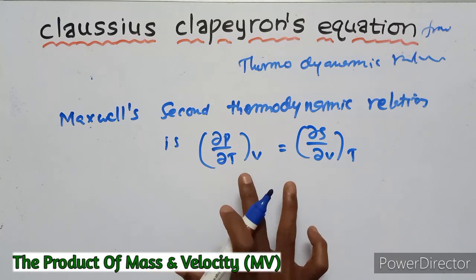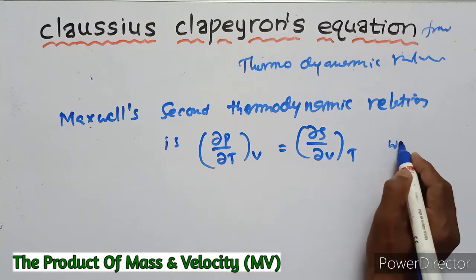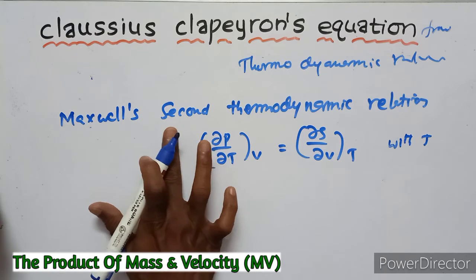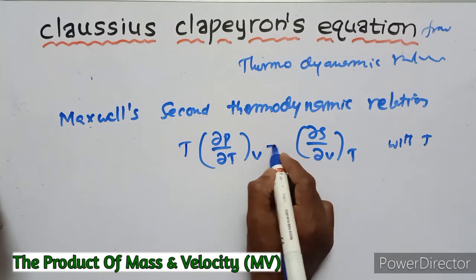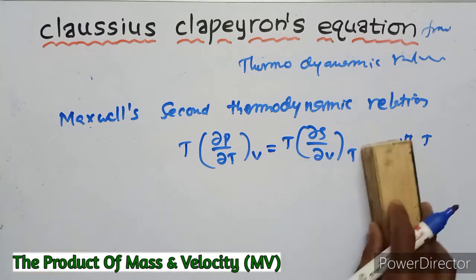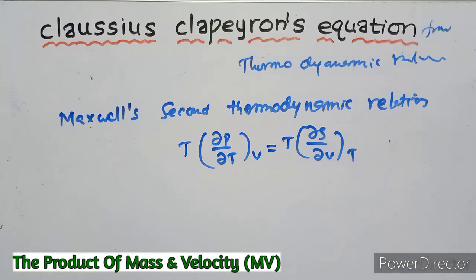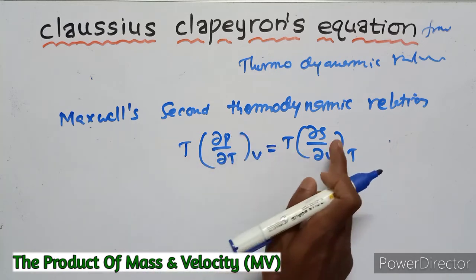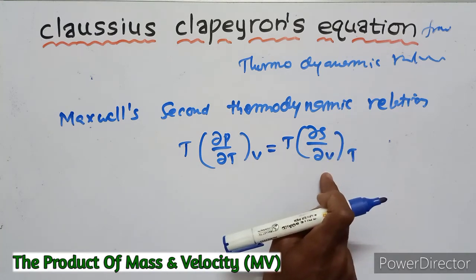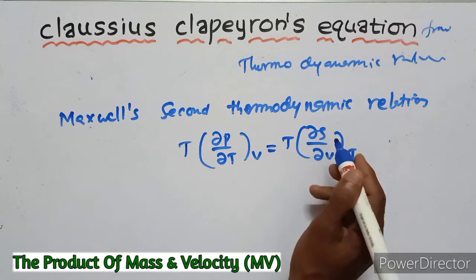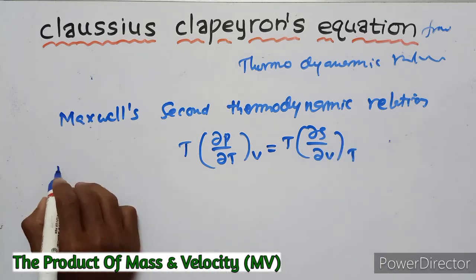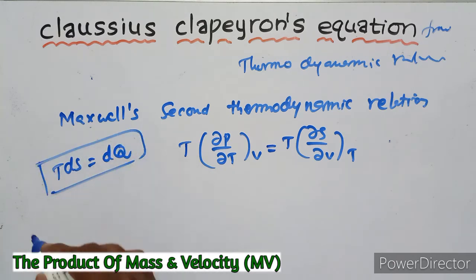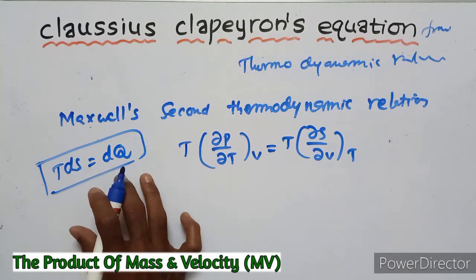So multiplying this equation with T on both sides, this equation can be written as T into ∂P upon ∂T, equal to T into ∂S upon ∂V. Here S is the entropy, and we already know that TdS equals dQ.